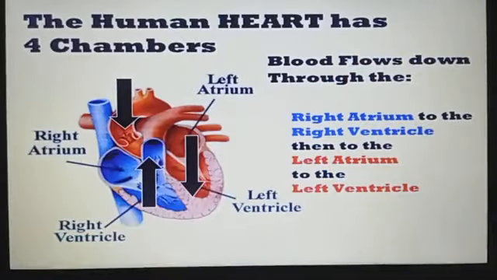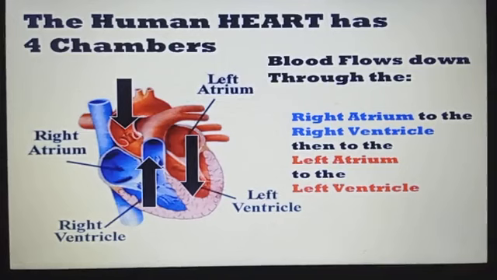Now, the human heart has four chambers, namely right atrium and left atrium. The upper portion has right and left atrium, and the lower portion of the heart has the right ventricle and the left ventricle. So the heart has four chambers.